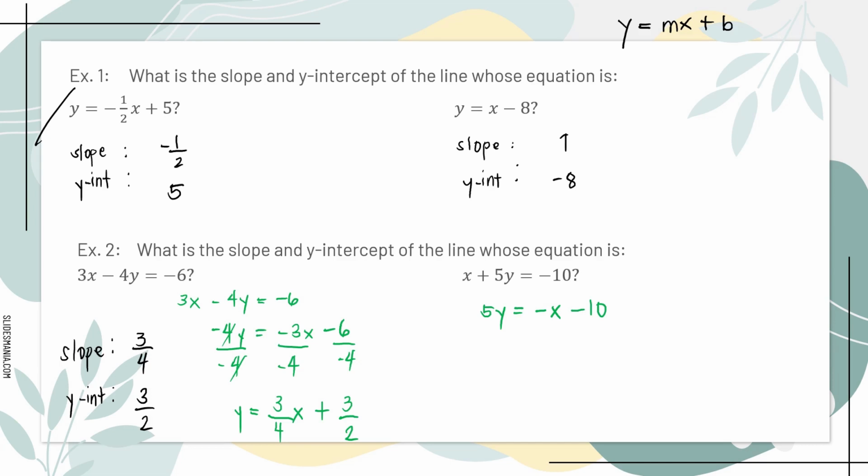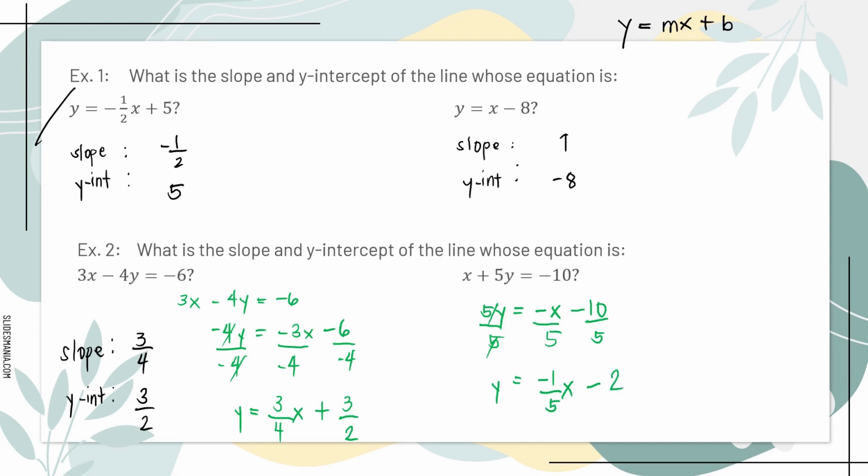Next, divide both sides by 5, each term. Then cancel this, and you'll have y is equal to negative x, or negative 1 over 5 x, minus 10 over 5, that will be 2.